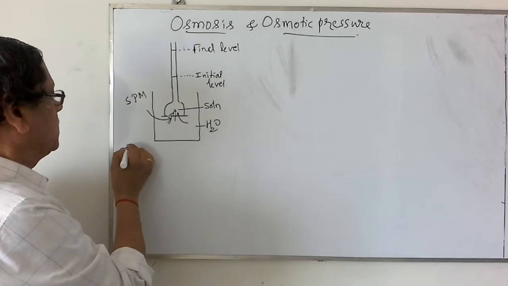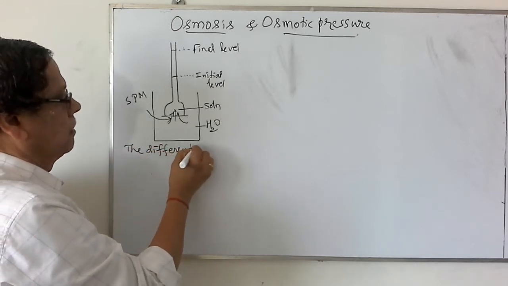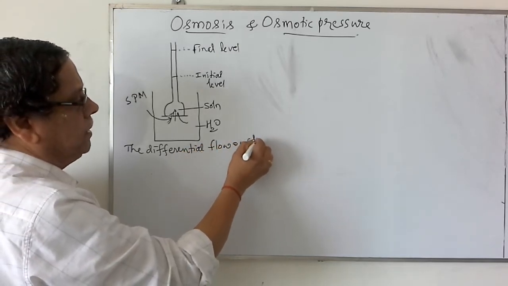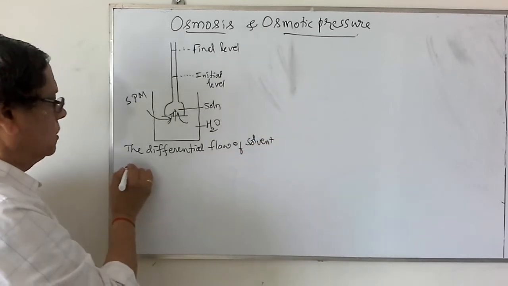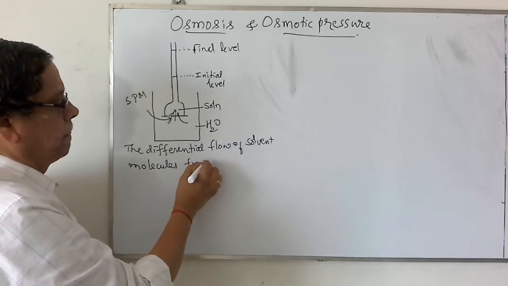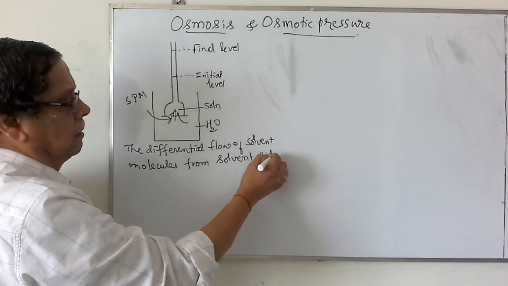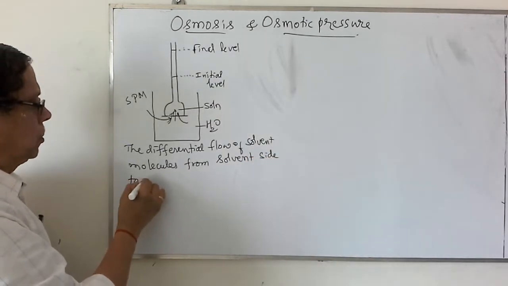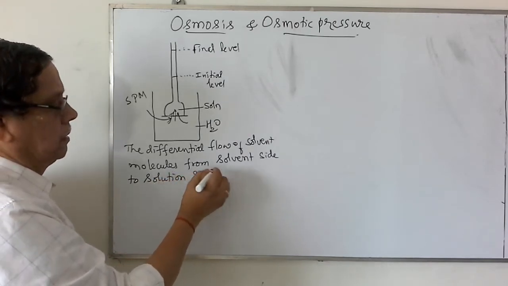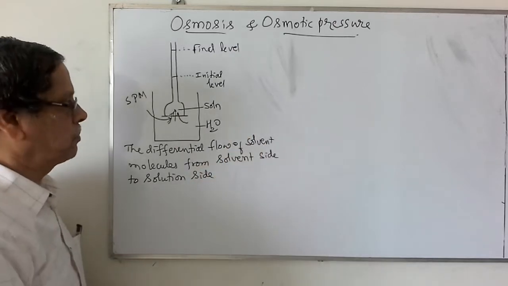So it is the differential flow of solvent molecules from solvent side to solution side. We can also do one experiment. I will complete this definition after one more explanation.